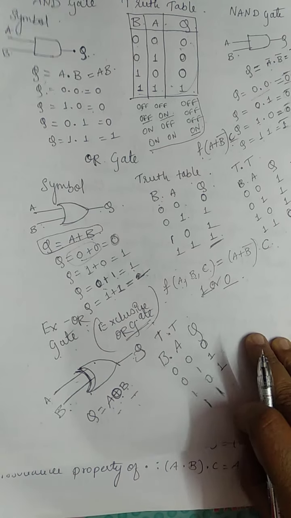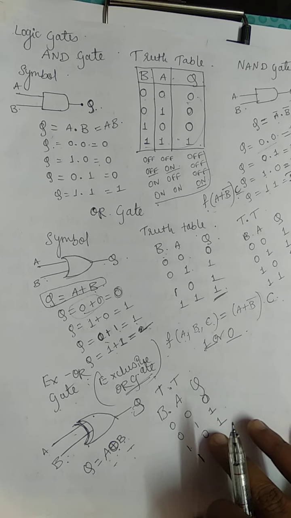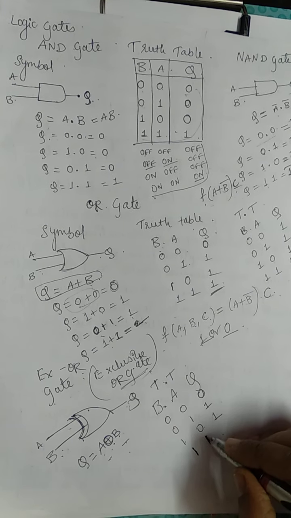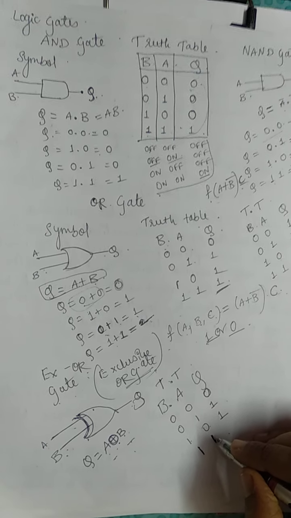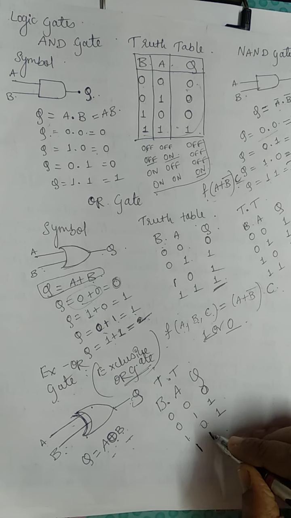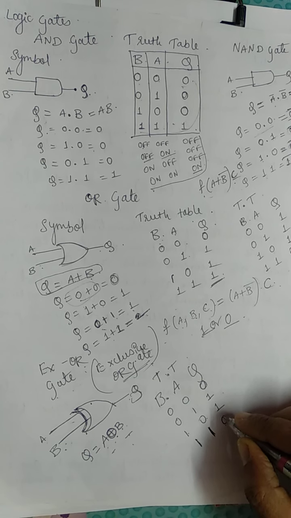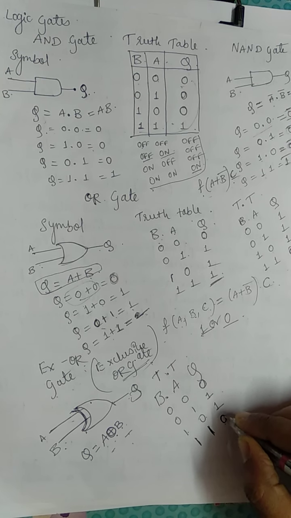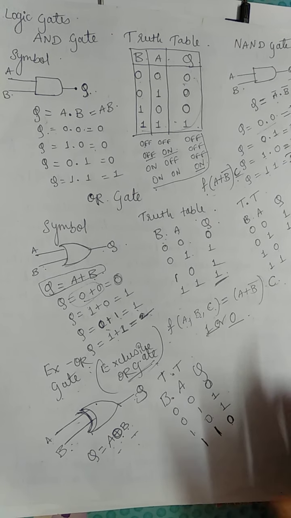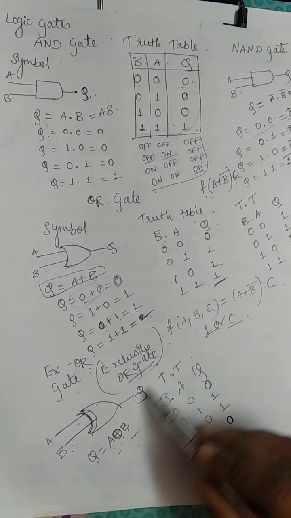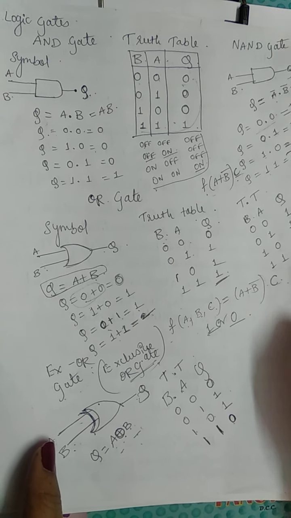So if both inputs are on, that is 1 and 1, both A and B are on, then the Boolean expression is 0. So this is an XOR gate, a combination of the OR gate.